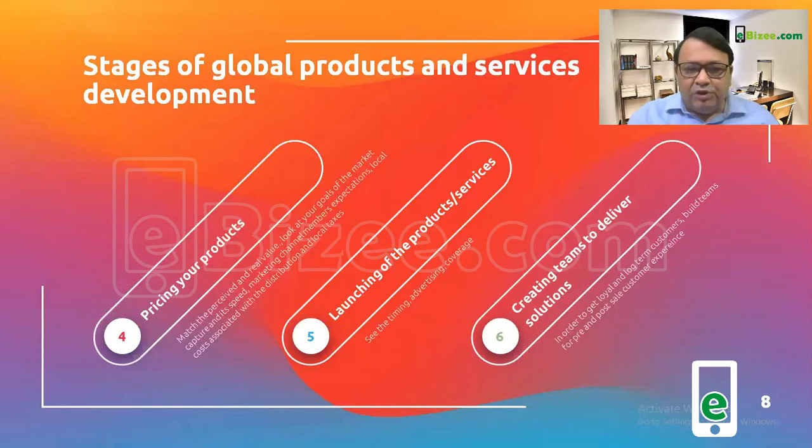And then comes the fifth step, and that is to launch your product or services. How do you launch it? You have to understand the timings of the launching. If it is your seasonal product, you have to be very, very careful about when you launch your product, and how you advertise your launching, what kind of target audience, what segments you cover in your launching.